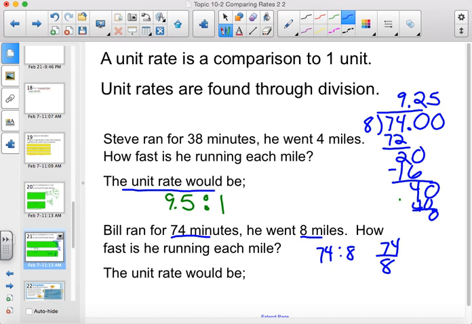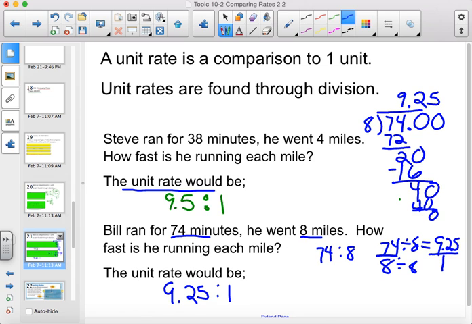So our ratio, our unit rate for this one, if we were to divide by 8, we would end up with 9 and 25 hundredths minutes compared to 1 mile. Now what you could do is say who is running faster than who by comparing unit rates.